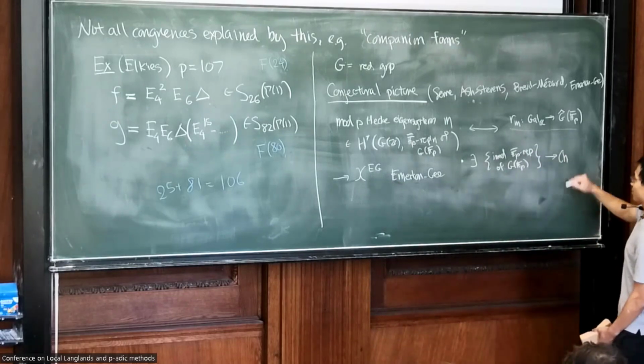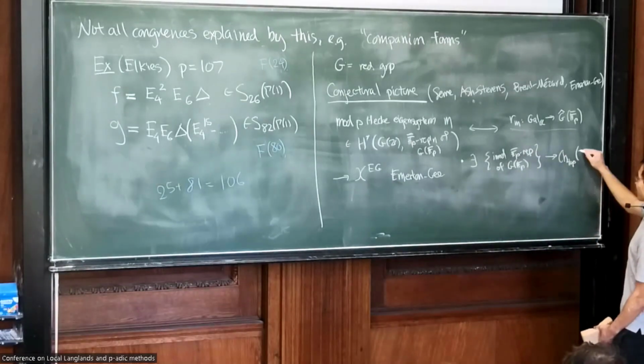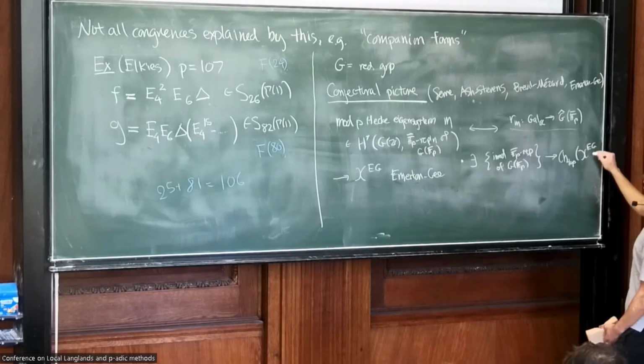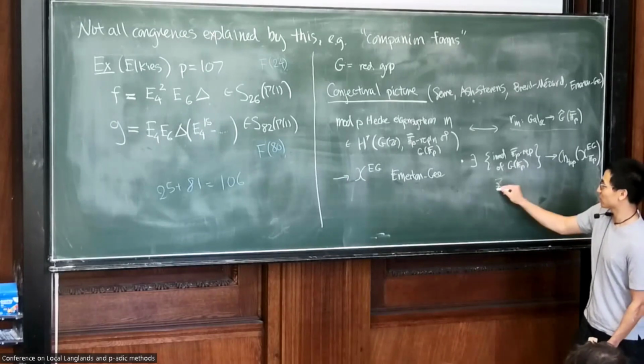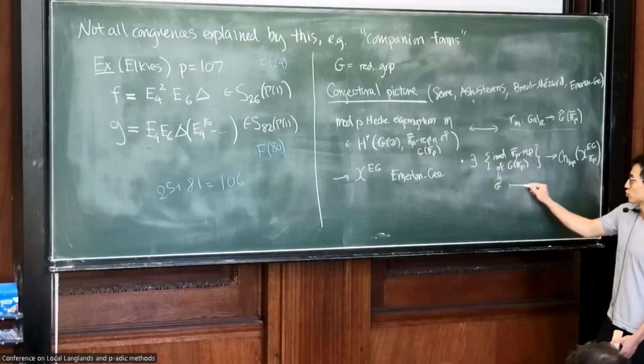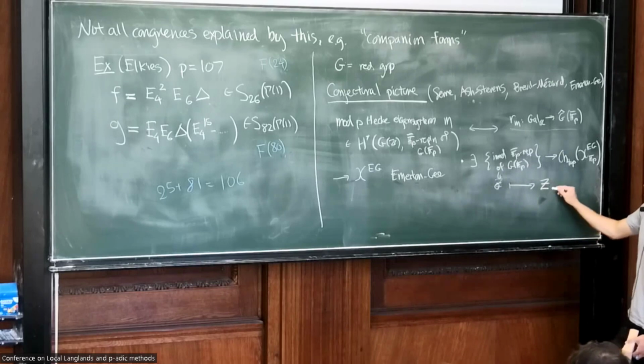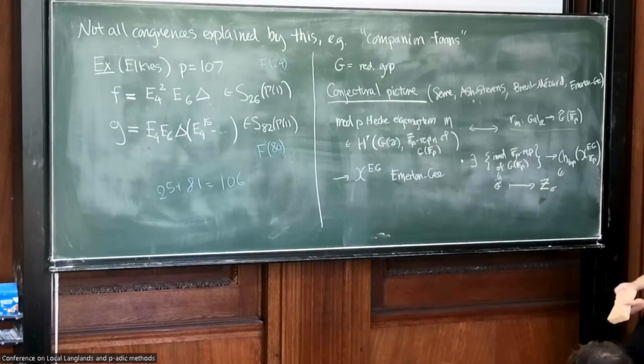So let's call it the top Chow group of X_{E,G} over F_p. And this is the thing which he called sigma. Sigma in here goes to the Breuil-Mezard cycle Z sigma, which is in here.